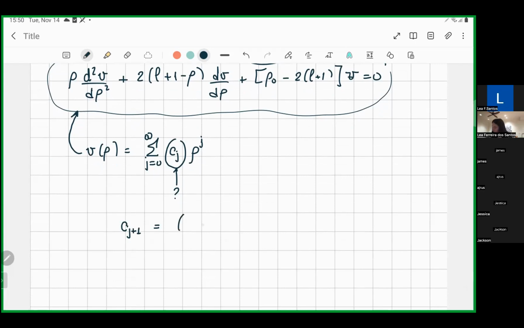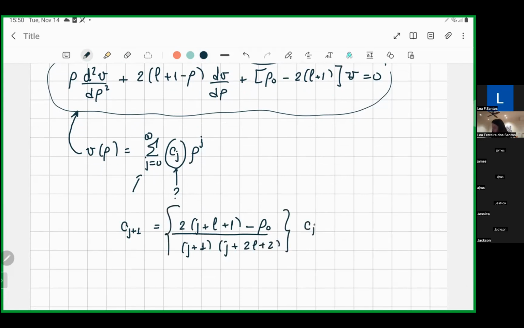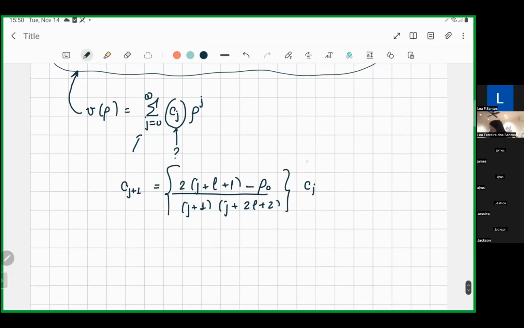In the numerator we had 2, and then comes the j, which is the element here in the sum, times j plus L plus 1 minus rho 0. In the denominator, j plus 1, j plus 2, L plus 2. And all this multiplied by Cj. So that's where we arrived.